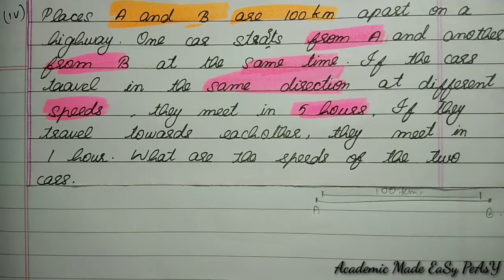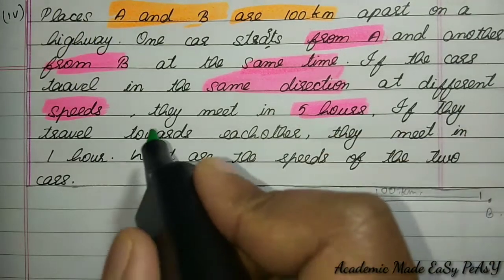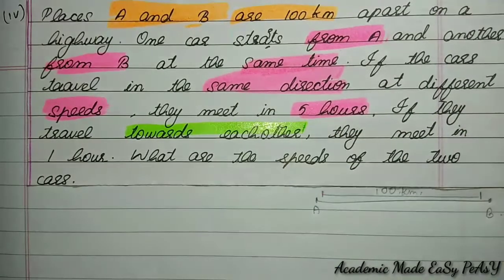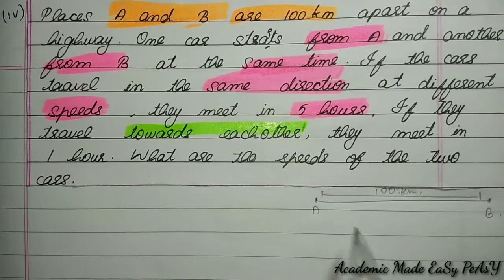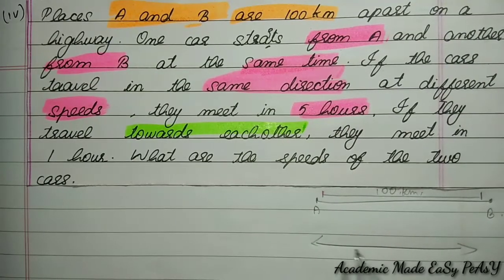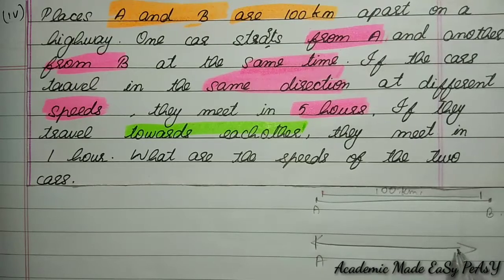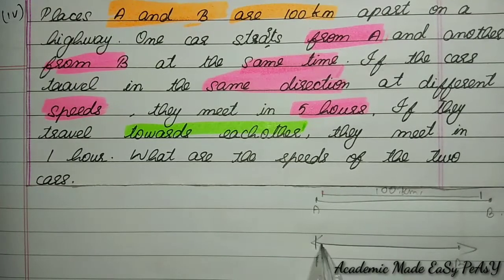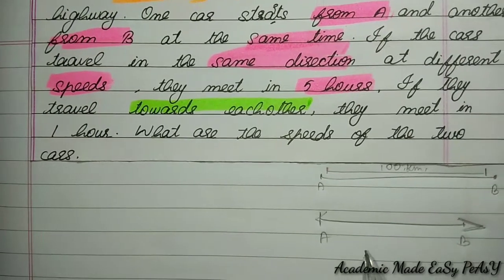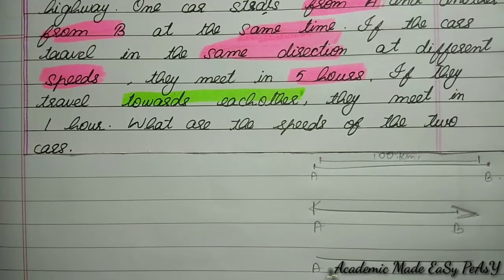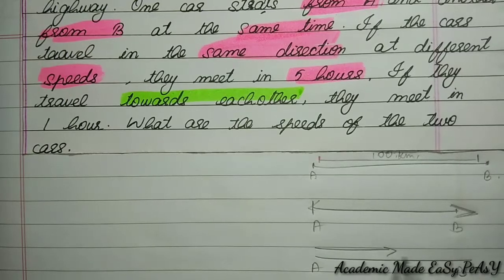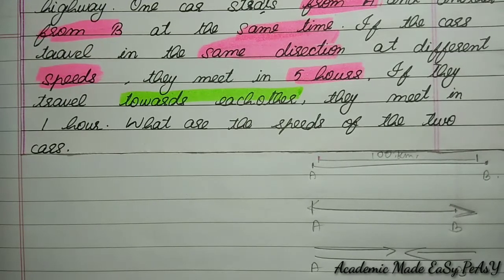So next what they are saying is that if they travel towards each other, then in the first case, this is A, this is B, both are traveling in this direction. In the next case, let this be A, B, and they both are traveling towards each other.